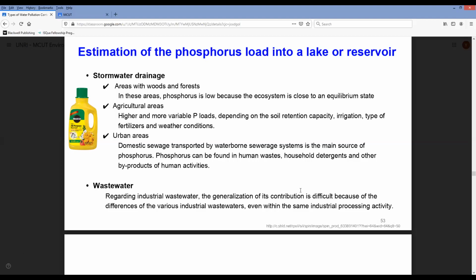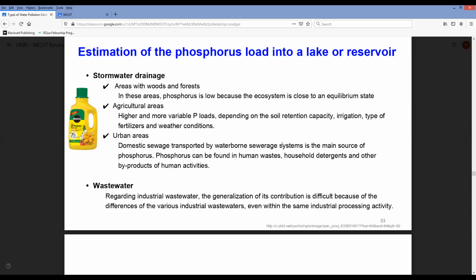And then for the urban area, why are there some phosphorus in the urban area? Because we use detergent. For example, when we use detergent to wash our clothes, this detergent has a certain amount of phosphate. When you use the detergent to wash your clothes, your pants, the water goes to the river.